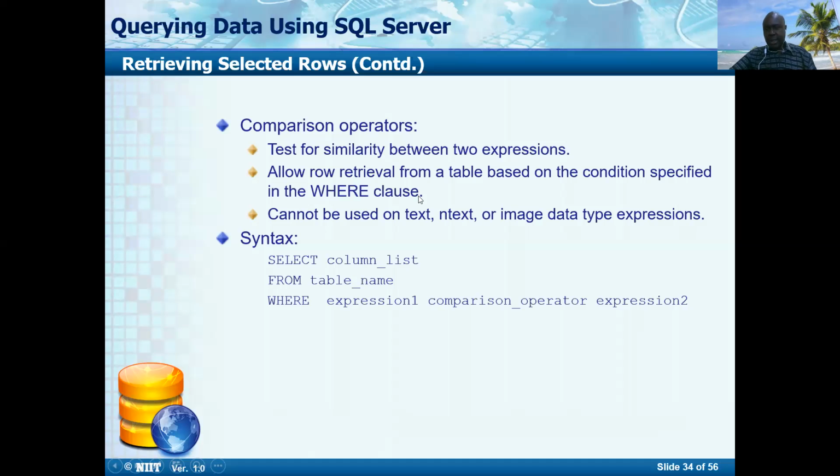So the syntax is what we have already seen. The comparison operators allow row retrieval from a table based on condition specified in the where clause. The comparison operators cannot be used on text, ntext, or image data type expressions. So these are the exceptions.